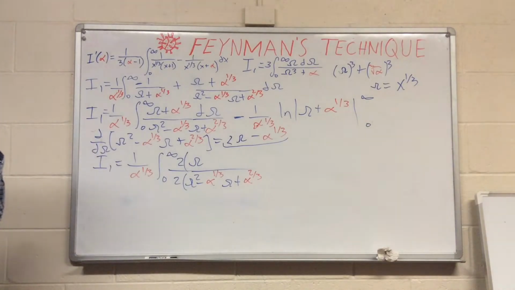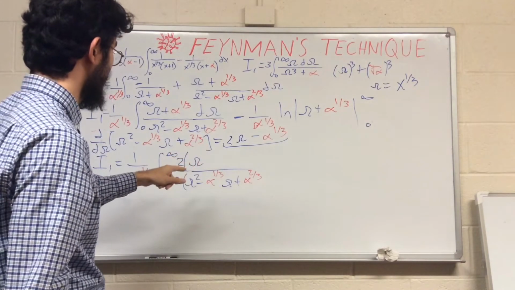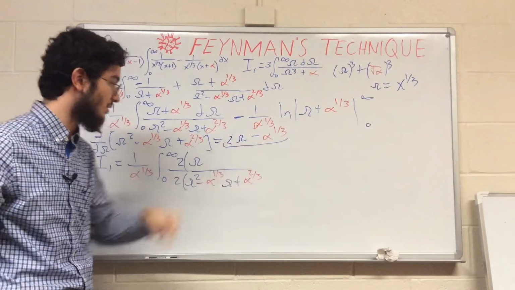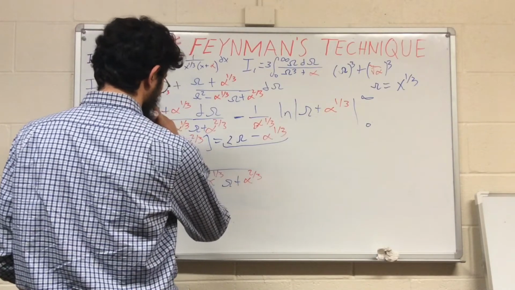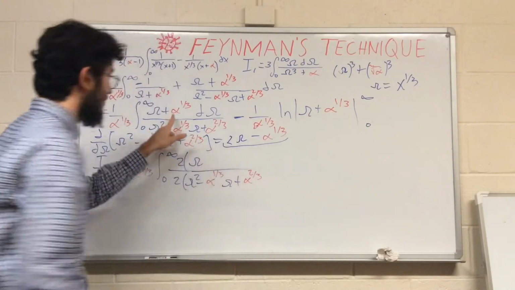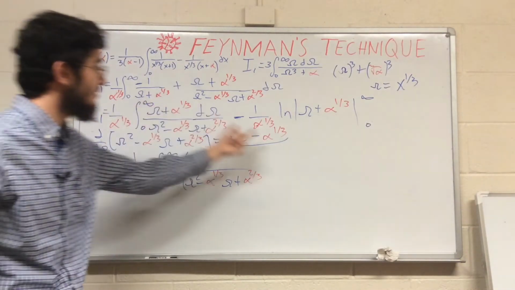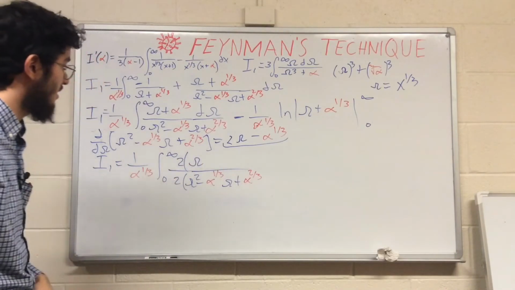And what we'll do next is make sure that we have negative omega over here. So let's just see what's going to happen. Over here we're going to have plus omega plus alpha to the 1/3. We want to make sure it's minus alpha to the 1/3 so that it matches with the derivative.